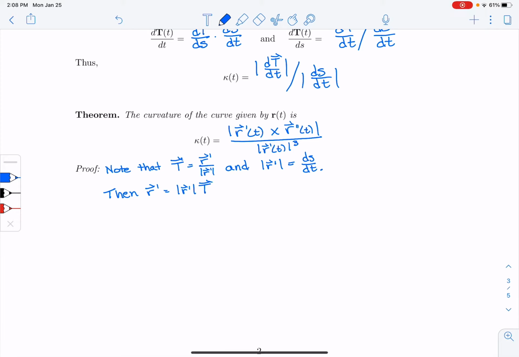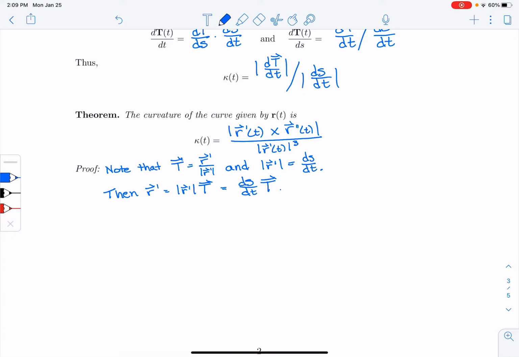So what we're saying here is that vector r prime is its length times the unit vector that's in the same direction. Okay, but the magnitude of r prime is going to be ds/dt, and then we have the unit tangent vector T. So this is just another way that we can write r prime.